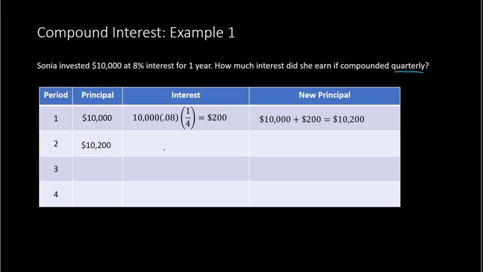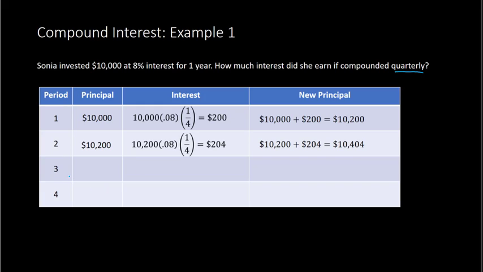I do the same thing again: principal times rate times time. $10,200 times 0.08, and the time again is 1/4 of a year. When I multiply those together, I get $204 for the interest. So at the end of quarter 2, I have the $10,200 plus $204 in interest, and I get $10,404. This just repeats over and over again.